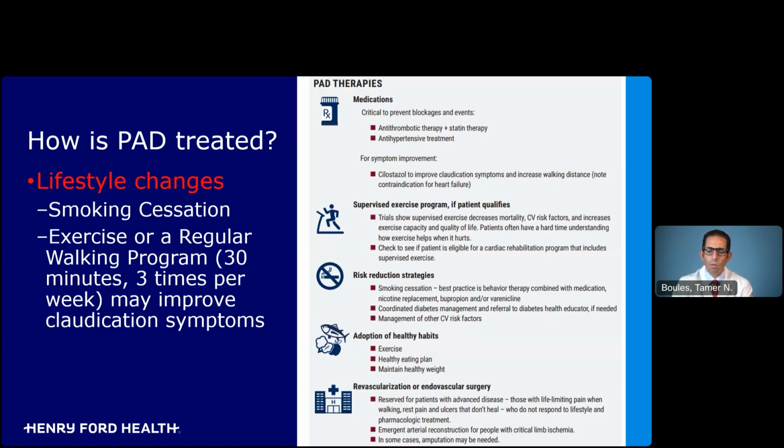And sometimes those symptoms can improve with a walking program that involves at least a 30-minute exercise program, or walking until your leg aches, and knowing that there's no danger in having your leg muscles ache after you walk a period of time, and only improvements that can develop as you push it with each individual walking session. So I usually encourage a walking program 3 times a week until it aches, and try to really encourage patients to push through that calf or thigh or buttock ache if they know that that's from peripheral arterial disease, in hopes that training the muscle will improve their walking distance without any procedures.